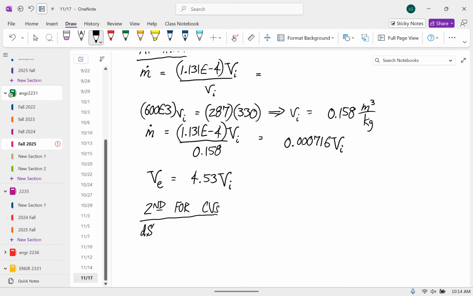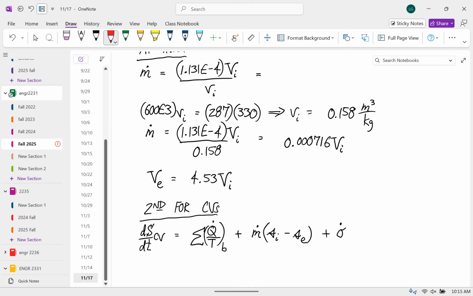So dS dt is equal to the sum of all the rates of heat transfer divided by the temperature around the boundary, plus m dot times, I can lump these together, s at the inlet minus s at the exit, plus sigma dot.